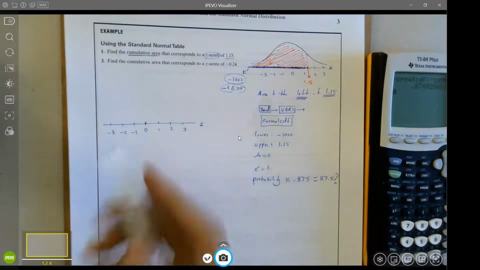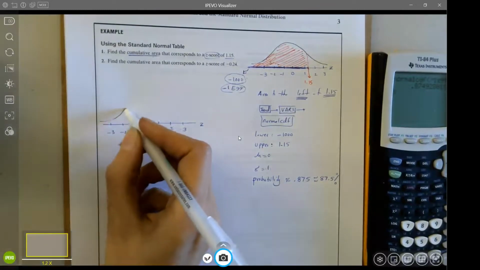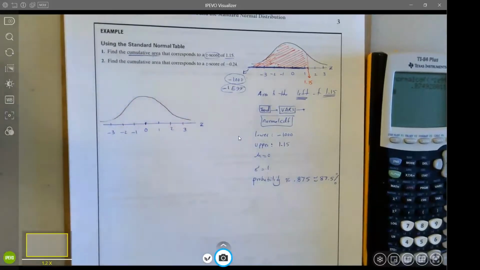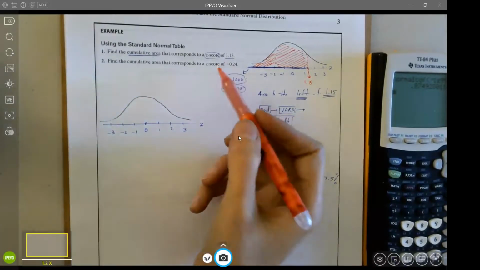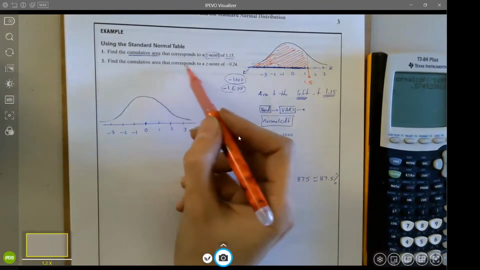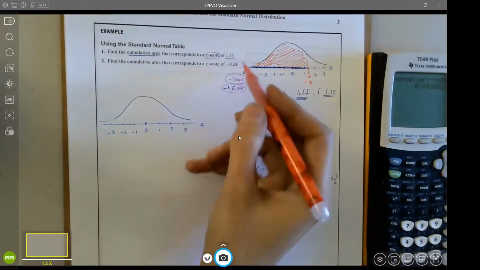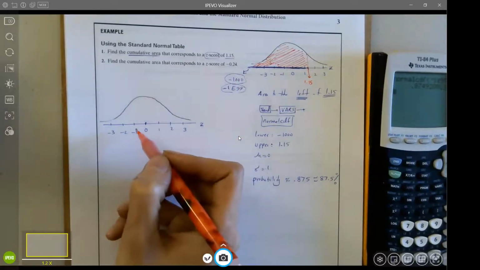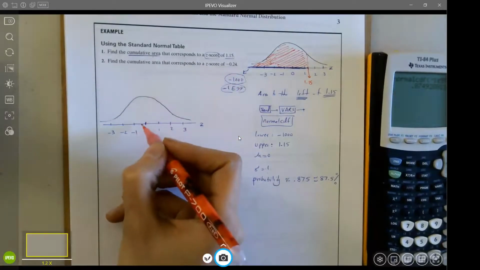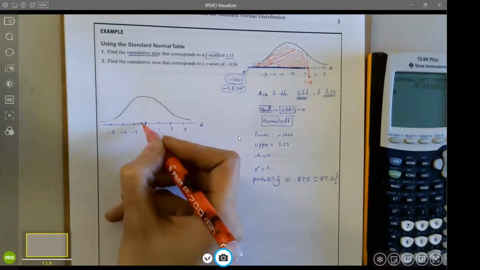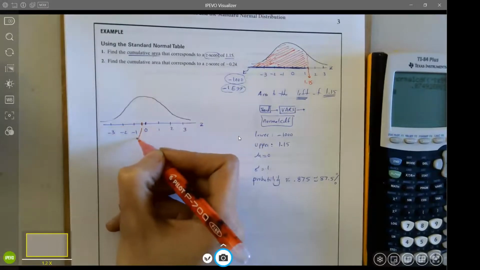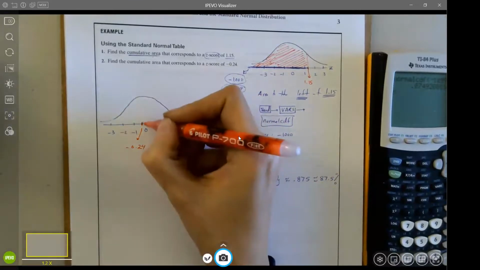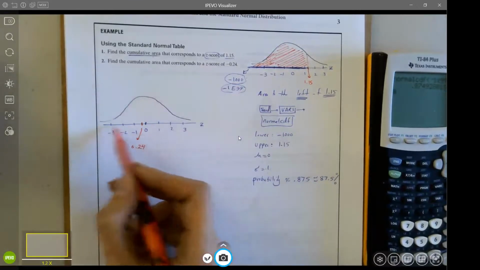And here we have our graph. Now it says find the cumulative area that corresponds to z-score negative 0.24. Negative 0.24 is going to be a small number, which is here.